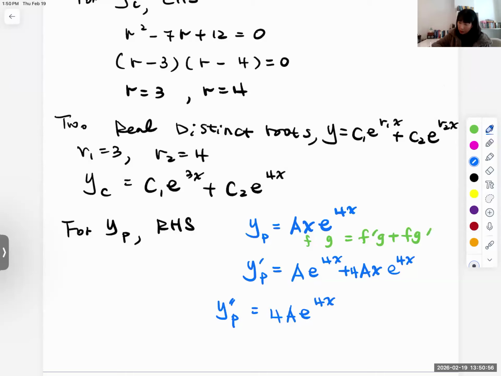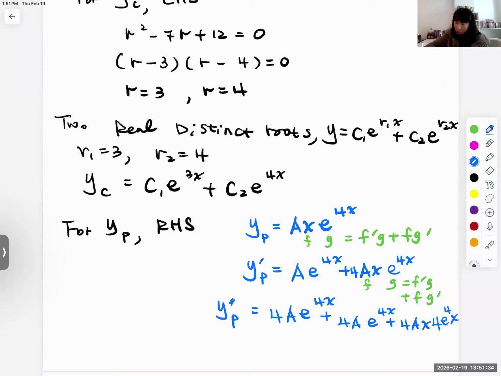Yes? Okay, second term, product rule again. So fg, f prime g plus fg prime. So we get f prime 4a, g e to the 4x plus f 4ax, g prime 4 e to the 4x.